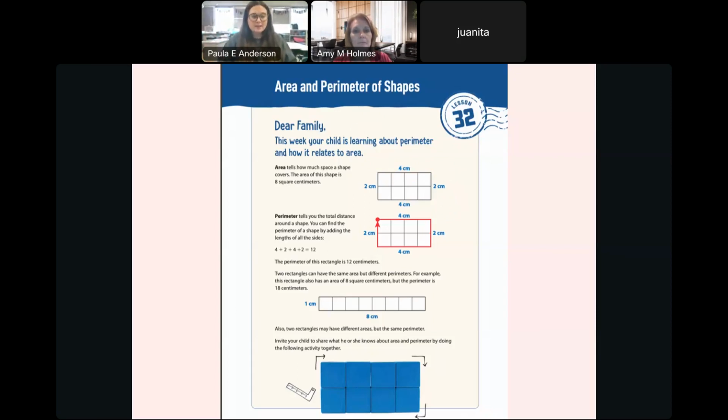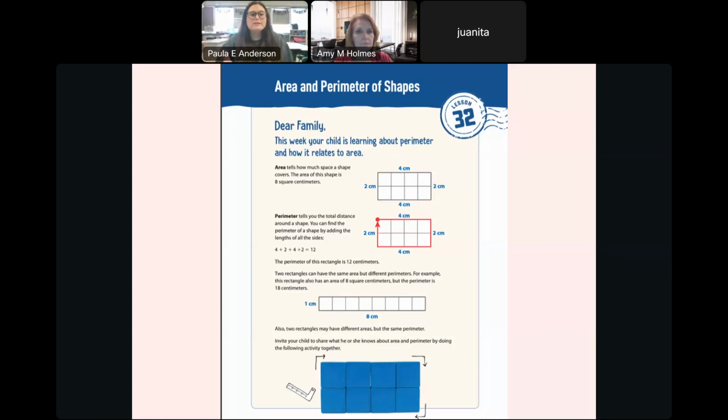We really want to make sure we have our numbers with a unit beside them. So yes, we have 8, but we have 8 centimeters squared. That's a big thing with area and perimeter, knowing what units to put beside. We're in centimeters right here, so we need to make sure we're in centimeters squared when we have our answer.